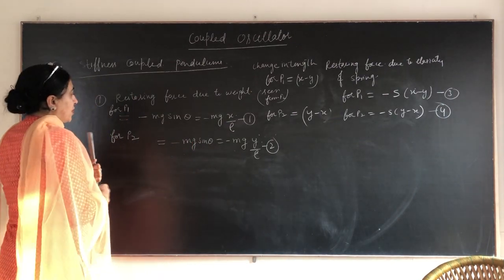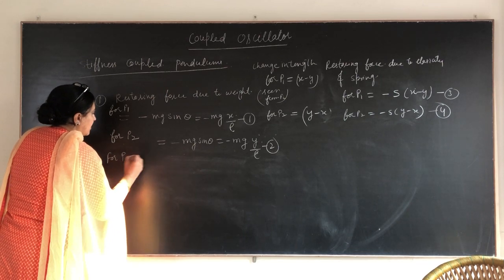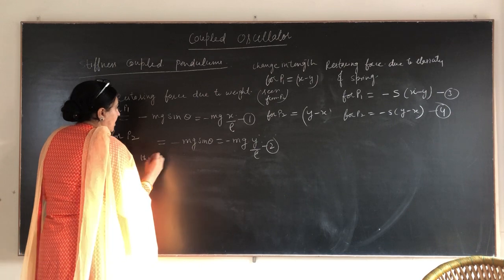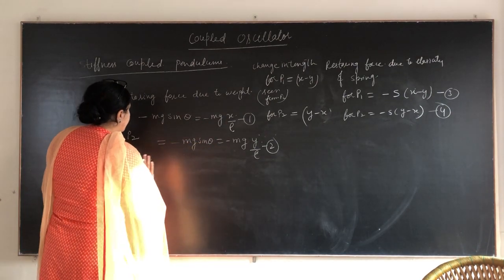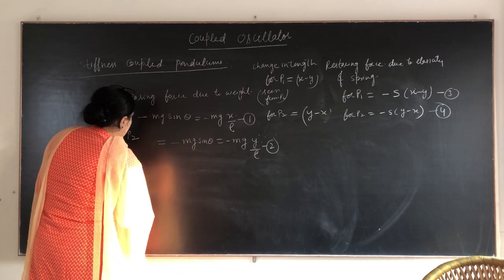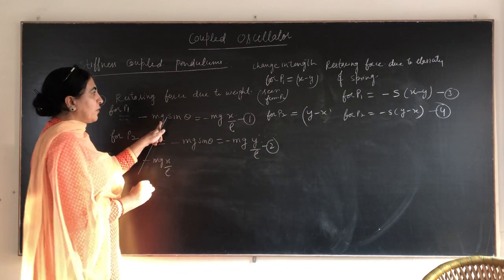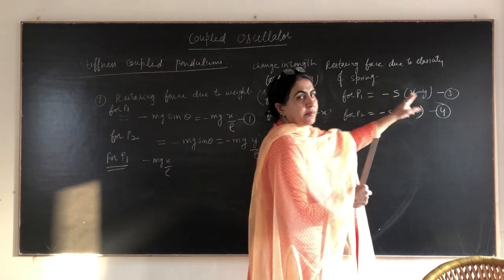So write down for pendulum P1, the net force will be minus mg x over l, the restoring force due to weight, and the restoring force due to elasticity, that is minus s into x minus y.